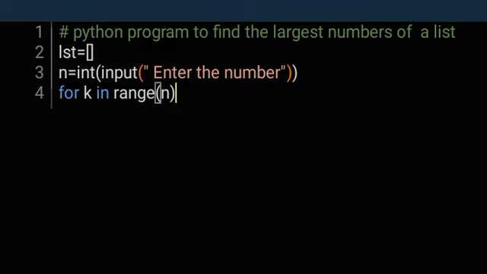Then you have a colon, next line. So we are setting up an iteration, a loop, that loops the number of times we enter. That is, whenever we enter the value for n, it will loop n times.